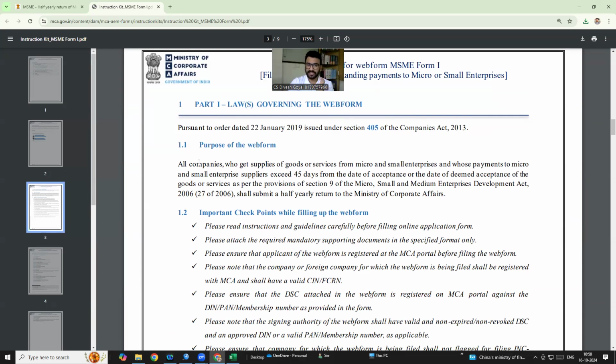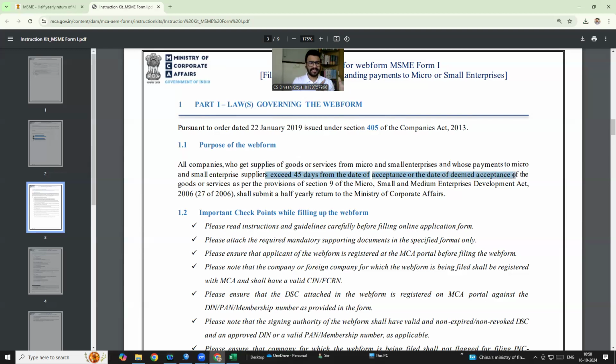But if it is applicable to all companies, then what are the criteria that we have to find out to determine whether my company has to file it or not? So if we read the instruction kit, all companies who get supply of goods and services from micro and small enterprises, medium are not covered here, only micro and small enterprises, and whose payment to micro and small enterprises exceeds 45 days from the date of acceptance or deemed acceptance.